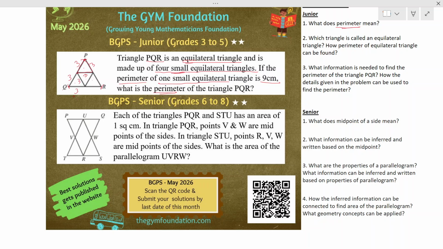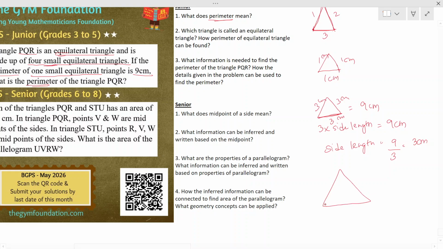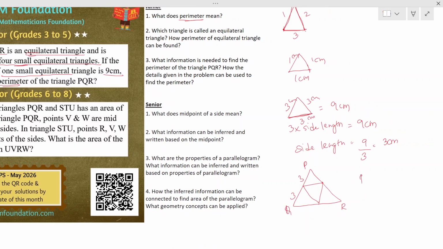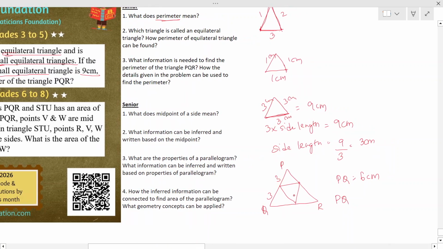Then what is the length of one side of the bigger equilateral triangle PQR? This side length is 3 centimeters and this is also 3 centimeters. So PQ is 6 centimeters, and in the equilateral triangle, the side length PQ is the same as PR and the same as QR. So all of them are 6, 6, 6.